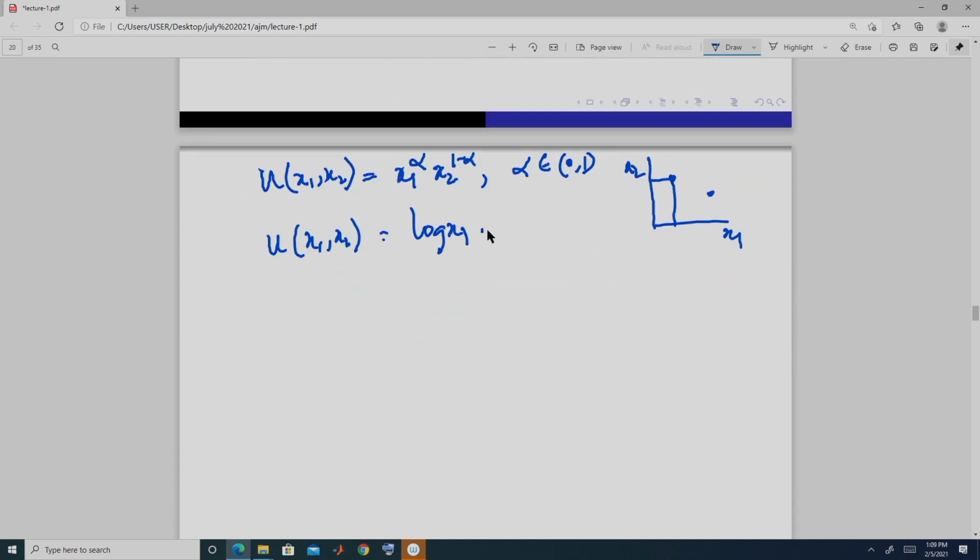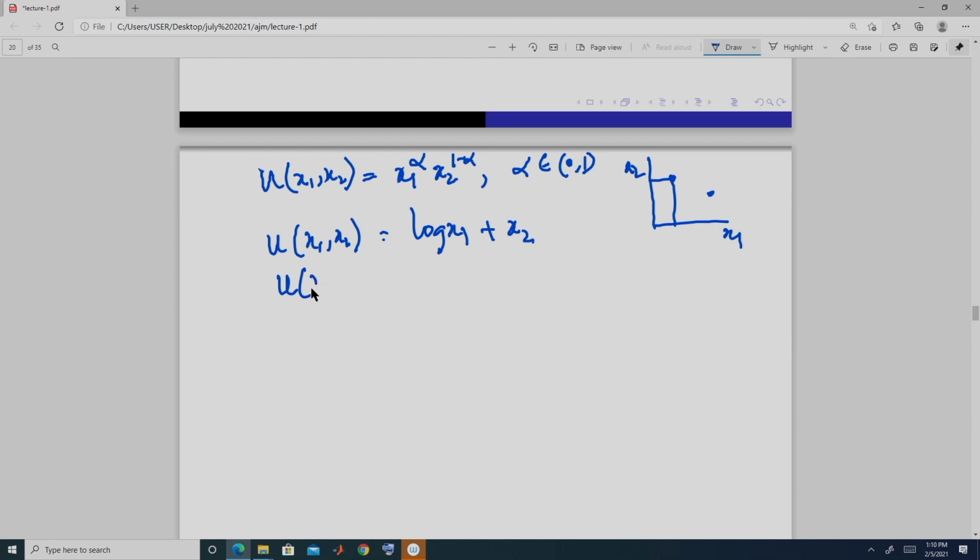This is log 1 plus this. This is called a quasi-linear utility function. Here you plug in the values of x1, x2 and you will get the utility for all the positive values. And here we do not have the other values, because x in this case should always take a value greater than 0, otherwise log is not defined, right?